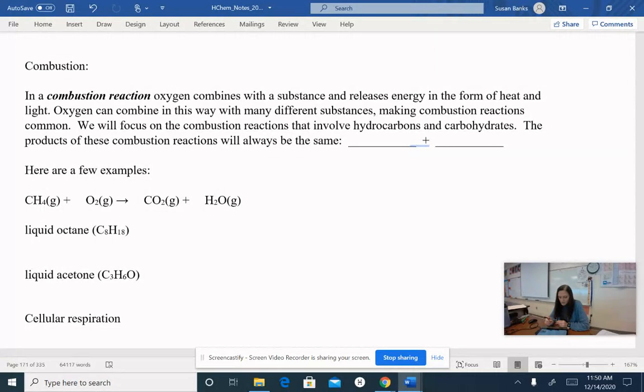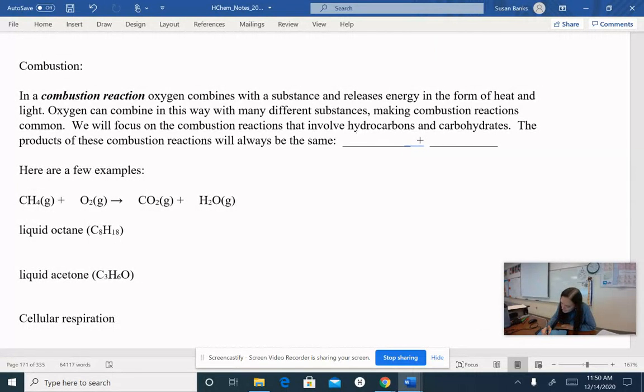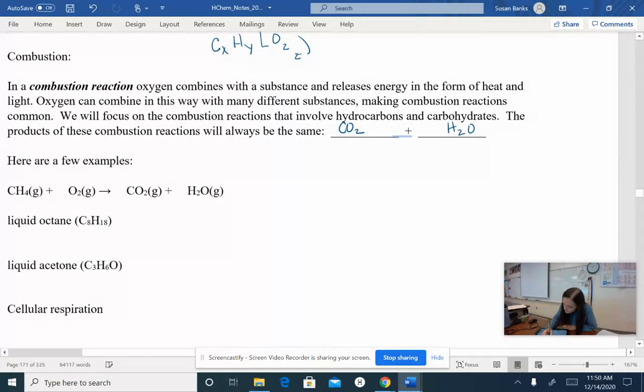We will focus on combustion reactions that involve hydrocarbons and carbohydrates. The products of these combustion reactions are always the same. It's always carbon dioxide and water. So we always will have carbon, hydrogen, and sometimes oxygen. Not always oxygen.